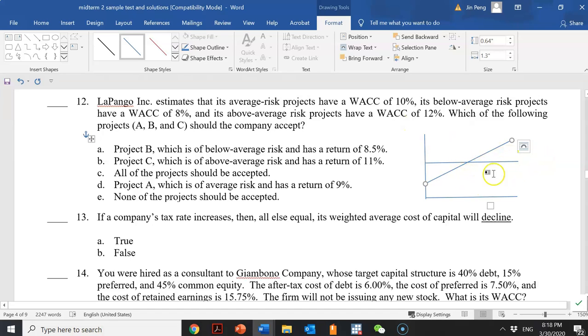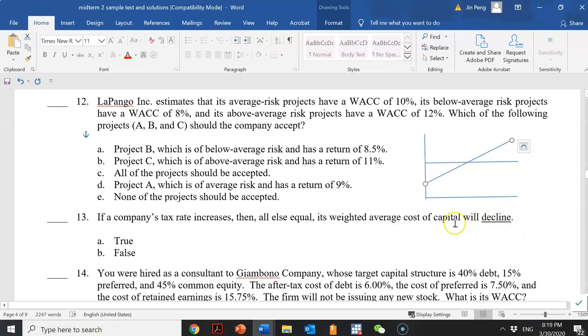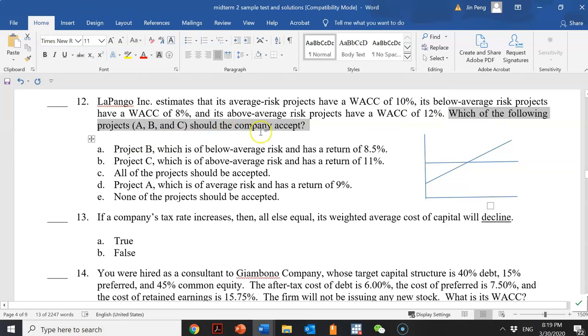Any project below the line we should reject, because the return is below their cost. So when we make decisions about projects A, B, and C, we should compare their return with the WACC of similar risk. Okay, so let's look at option A.